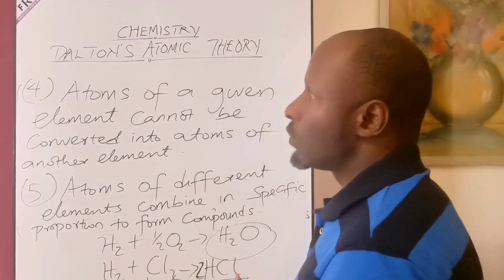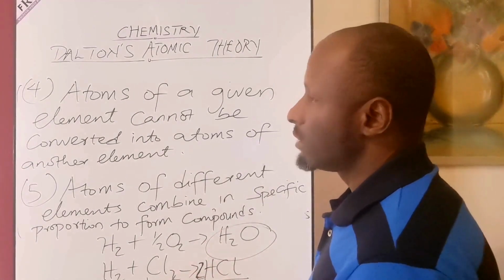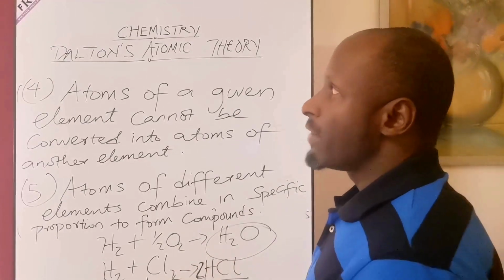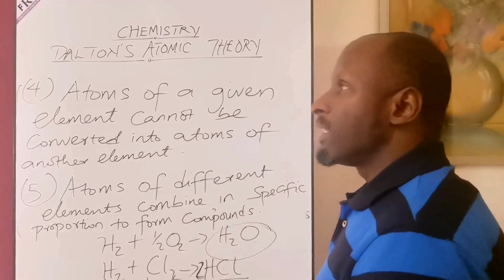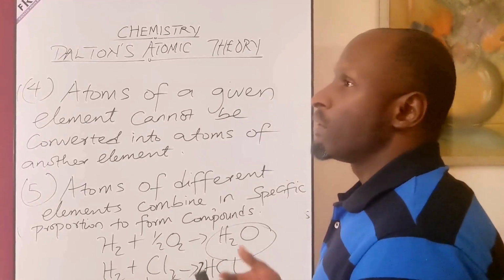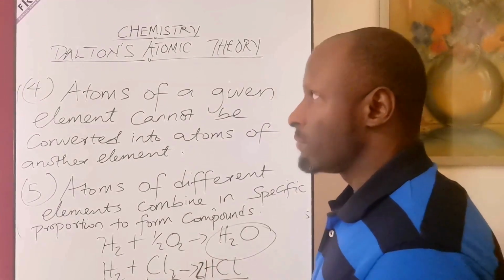Okay, so we have looked at the 5 points raised by Dalton in his atomic theory. I'll summarize them by repeating them again. The first one is what? Matter is made up of small indivisible particles that are called what? Atoms.